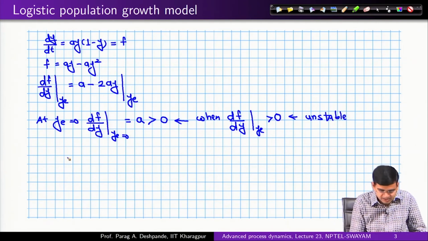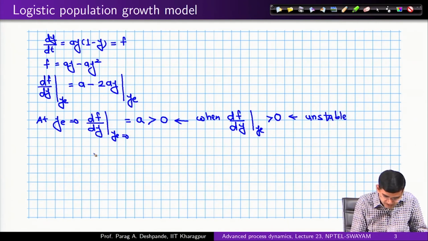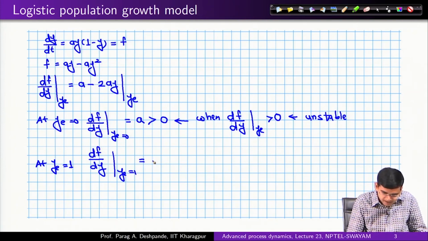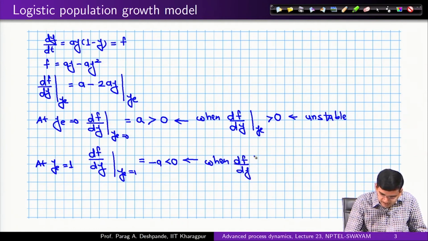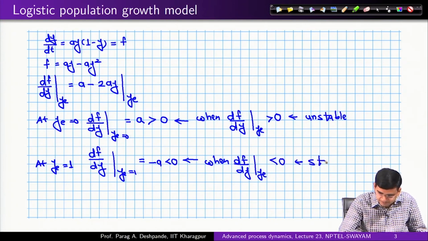Fine. Let us take the other one. At y equilibrium equal to 1, df by dy at y equilibrium 1 is equal to what? a minus 2a is minus a, which is less than 0. So, when df by dy at y equilibrium is less than 0, the system is stable.